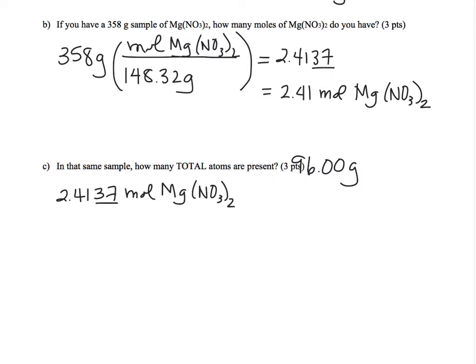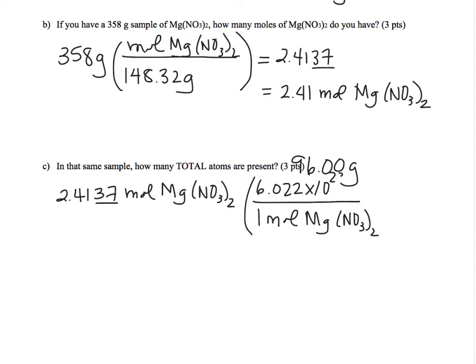Well, let's start by converting this to molecules of magnesium nitrate, because at some point we need to get to total atoms. So we know that for every 1 mole of magnesium nitrate, there are 6.022 times 10 to the 23rd magnesium nitrate, what we're going to call molecules.